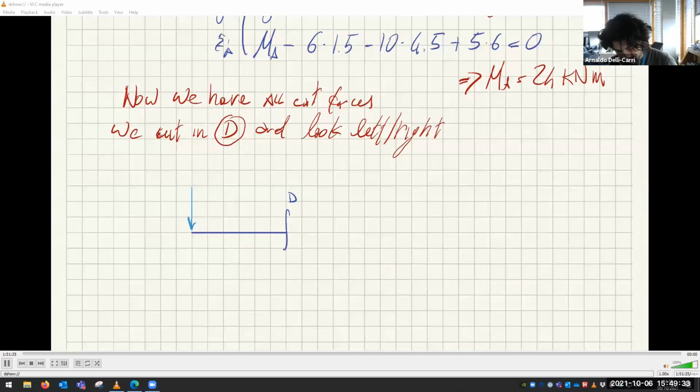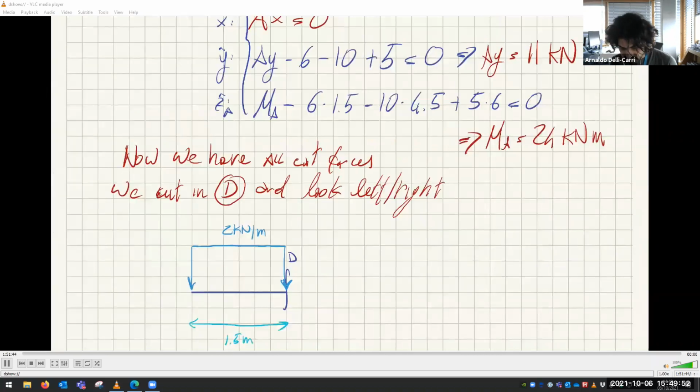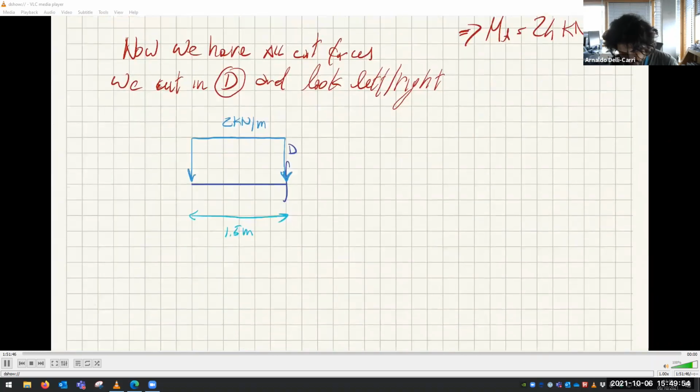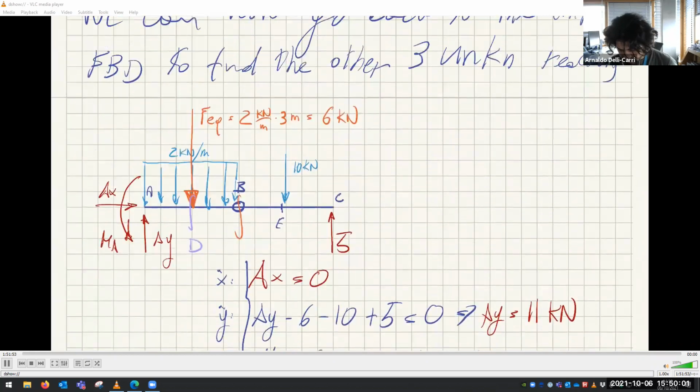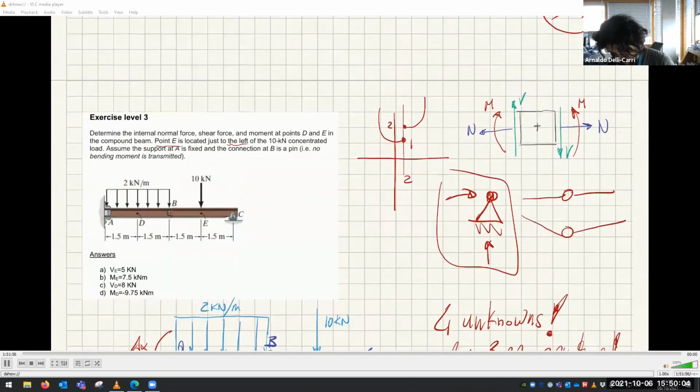The distributed load has been cut in half as well. So you are cutting also the distributed load. This is 2 kilonewtons per meter always, but now this is only 1.5 meters. Agreed? We said that AY is 11 kilonewtons, so this one is 11. AX is 0, so I'm not drawing it. And here we have to use the right-hand side of the convention.